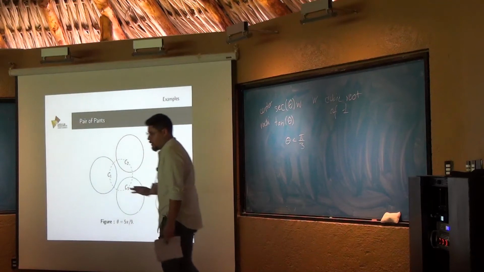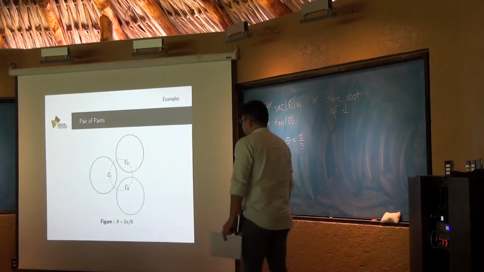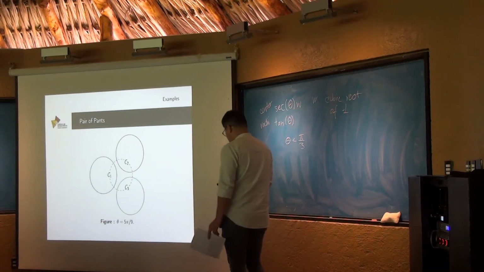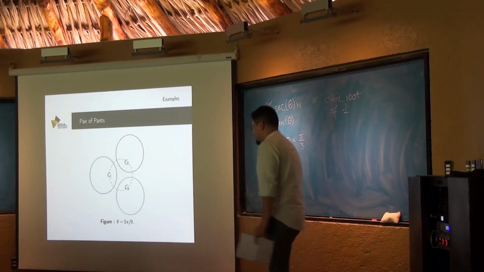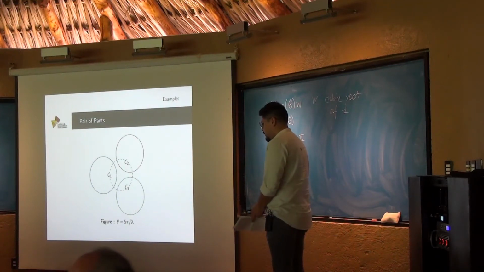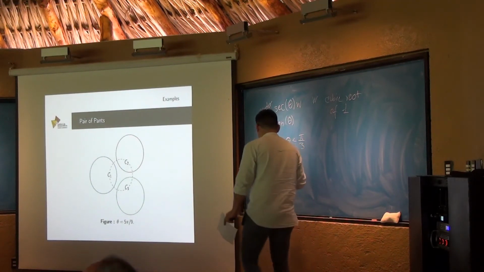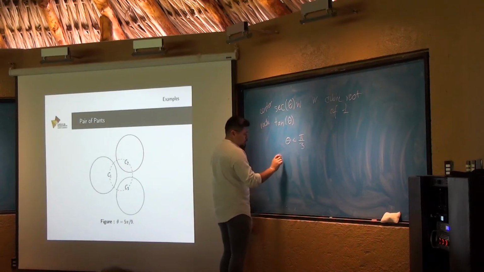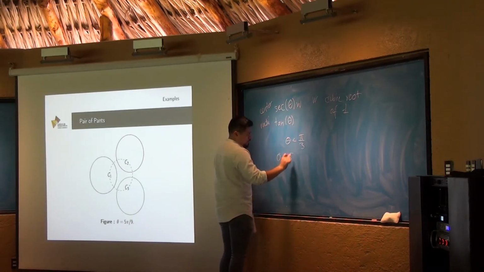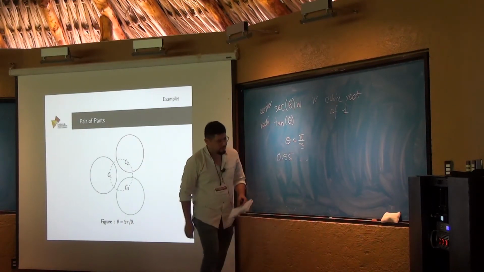And the Hausdorff dimension for this, 5 times pi/9, is something like 0.55 and a lot of numbers.